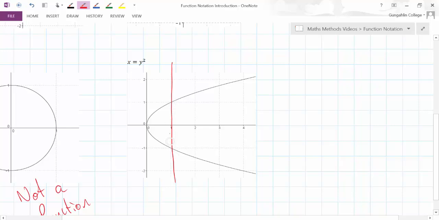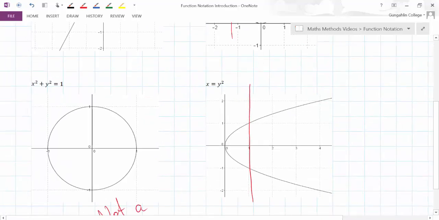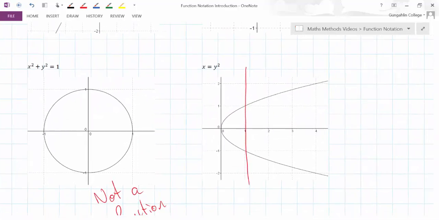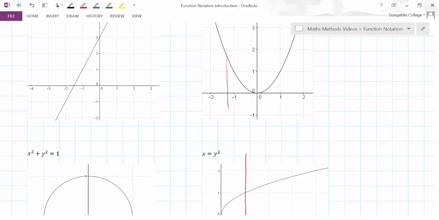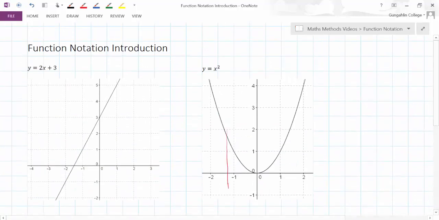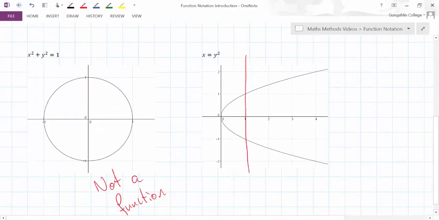Okay, so that is the formal definition of a function, that anywhere you draw a vertical line, you will never cut the graph more than once. You could cut it less, you could cut it at no places, or cut it at exactly one, but you'll never cut it at more than one place at a time, like these ones do.